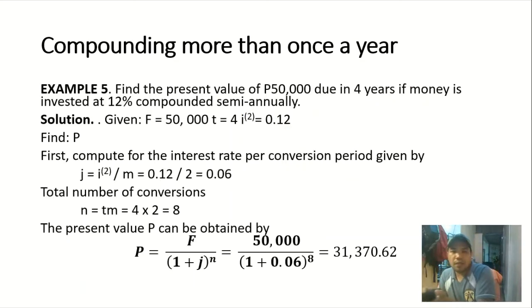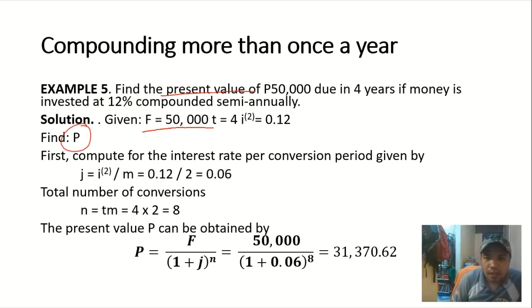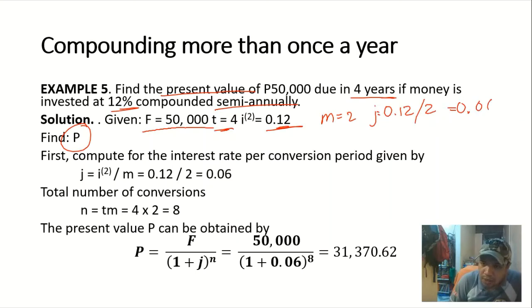So, for the example, find the present value of 50,000 due in 4 years if money is invested at 12% compounded semi-annually. So, 50,000, ang future value natin. Find the present value, kaya P ang nawawala. Then, due in 4 years, money is invested 12%, 0.12, tapos semi-annually, so M is equals to 2. So, J is equals to 0.12 divided by 2, that is equals to 0.06.